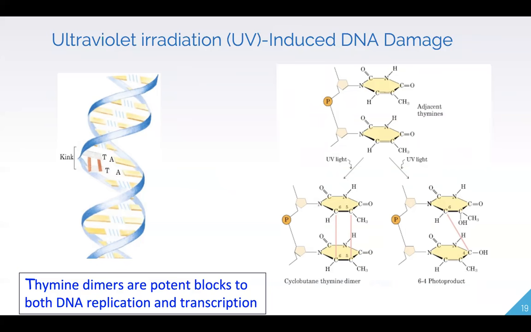Another type of lesion, such as those that are inflicted by UV radiation, induces what we call bulky adducts, right? So here, what UV light does uniquely, in my opinion, is allow for the formation of covalent bonding between neighboring bases on the same strand.